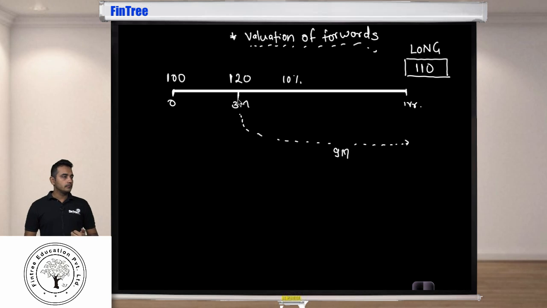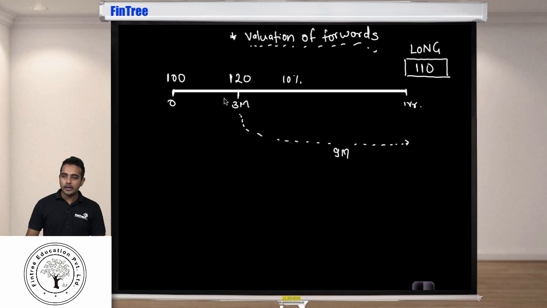He will say, 3 months back, with your help, I entered into a contract. I was on long position. Today, I want to check with you what is a forward price for the same underlying asset but with maturity of 9 months. Is that okay?